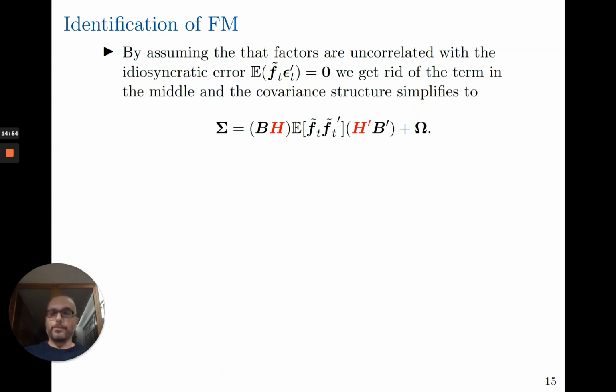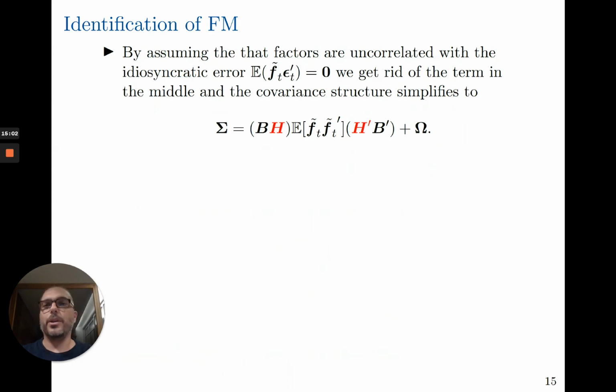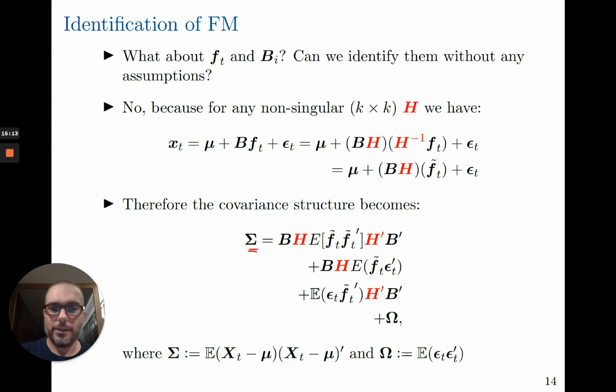And so how can we try to identify these coefficients? What we are going to do is assume that the factors are uncorrelated with the error term. Okay? So basically, these two terms here will be equal to 0.